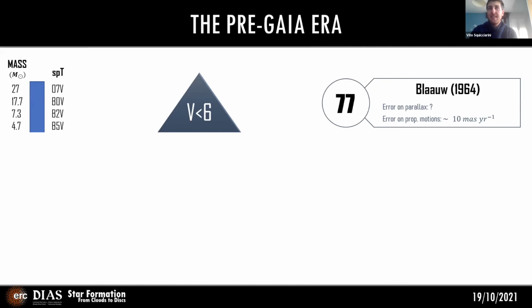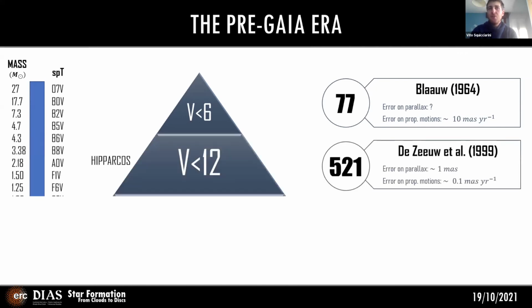They were all B stars. And the first revolution came with Hipparcos, which led to probing almost down to one solar mass. And you can see that there's a catalog of sources of 1999 of about 500 members.